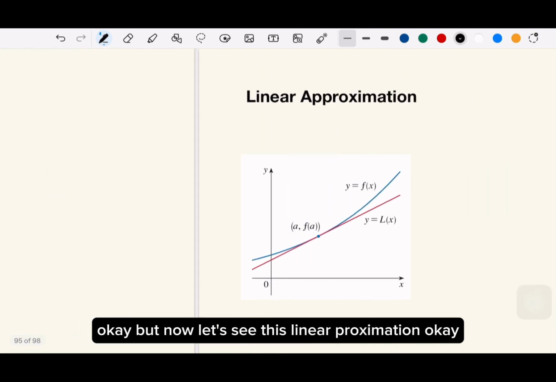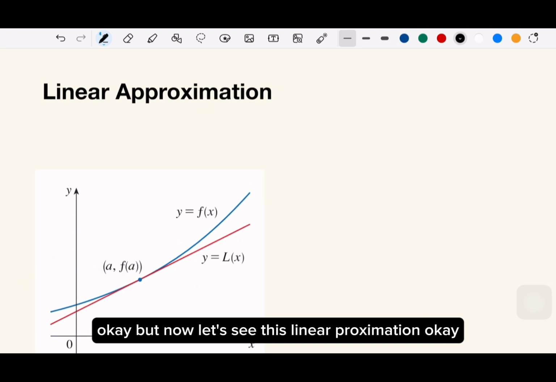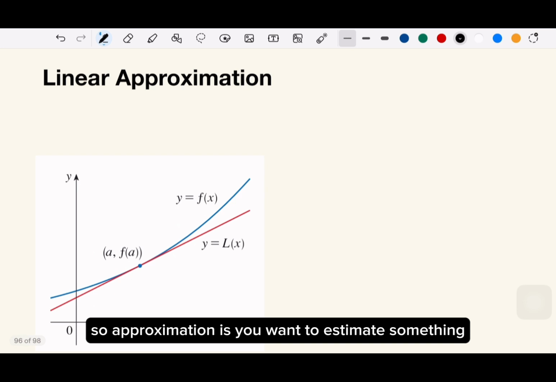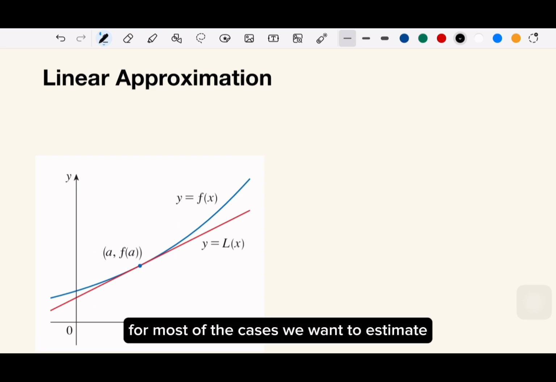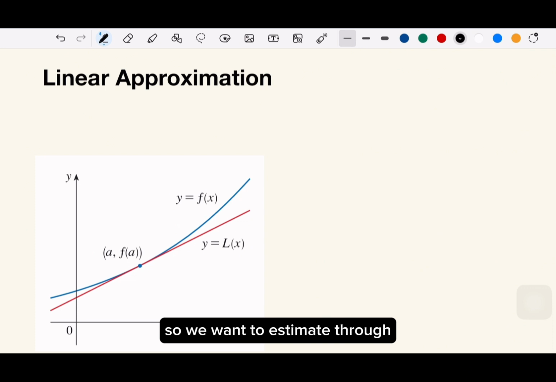But now let's see this linear approximation. So what is linear approximation? Approximation is we want to estimate something, right? But in most cases we want to estimate, for example, this curve here, the blue curve. So we want to estimate it through this straight line.